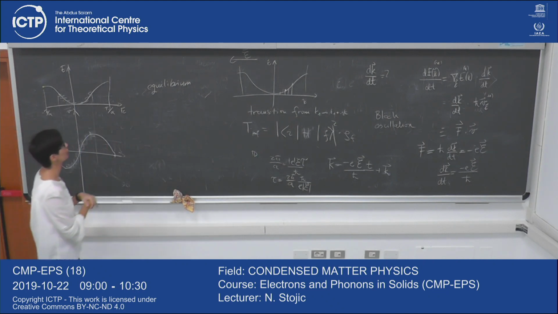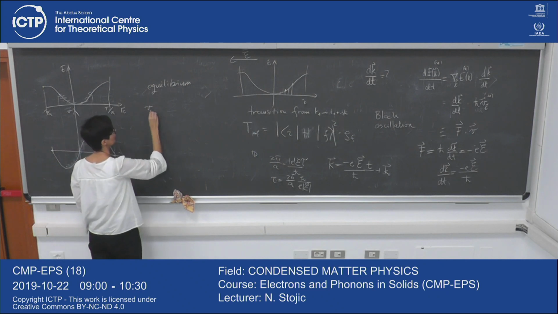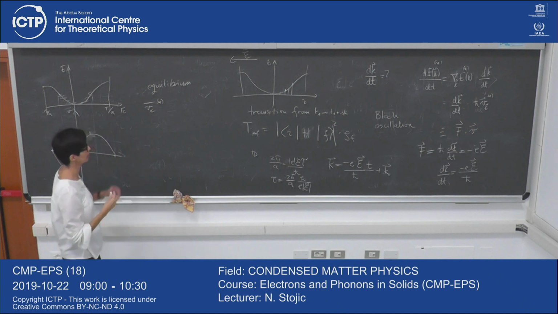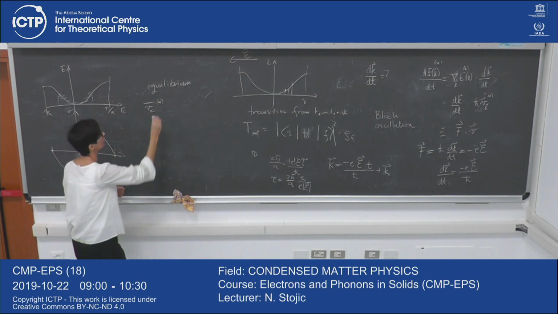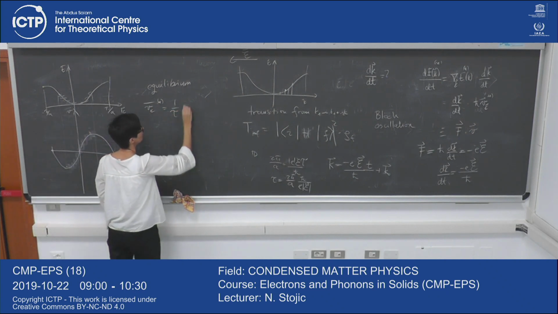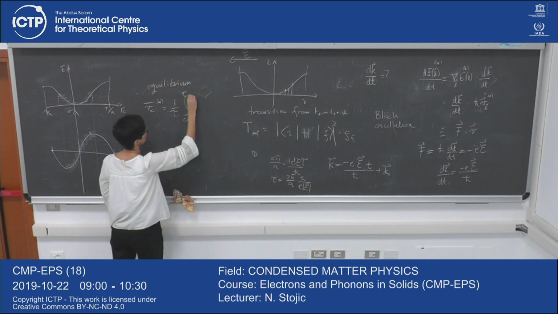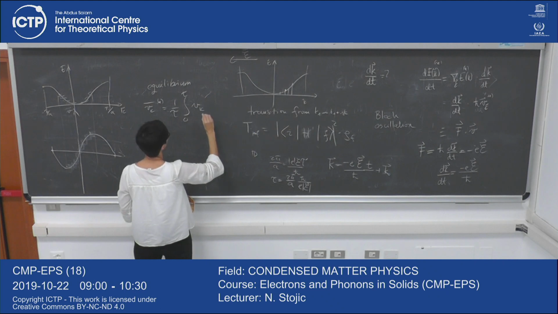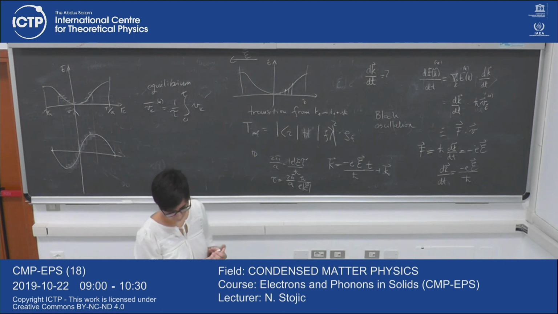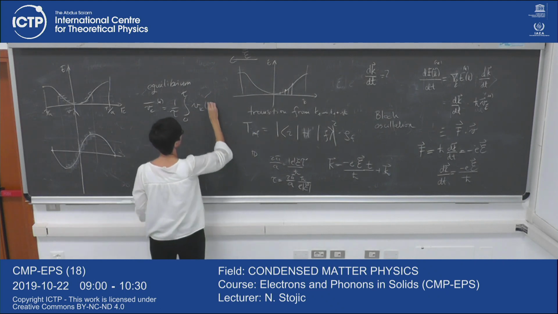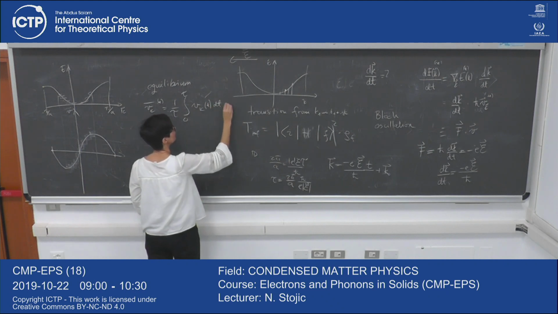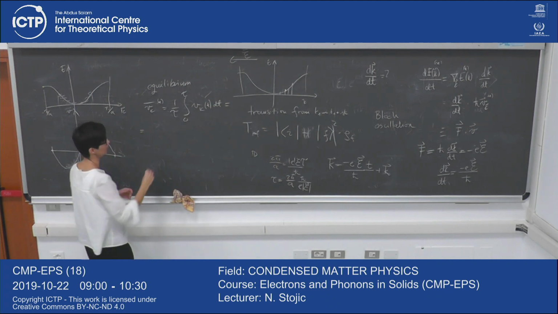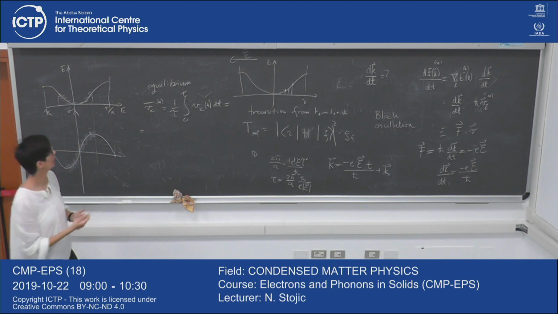Let's find the average velocity. I want to write it in 1D, so there is no need for the vector. I can do it as 1 over τ of the v_k over time, or I can do it over the period, over the space.